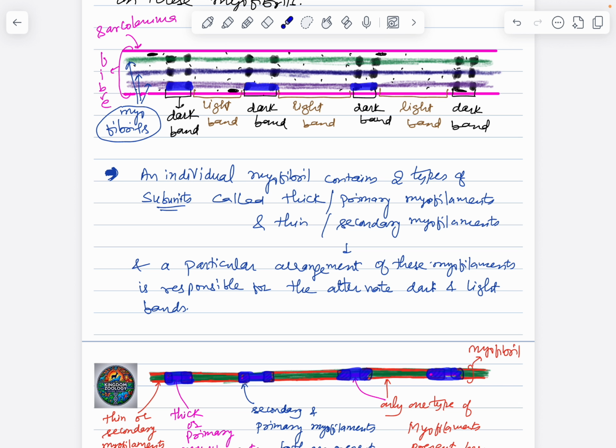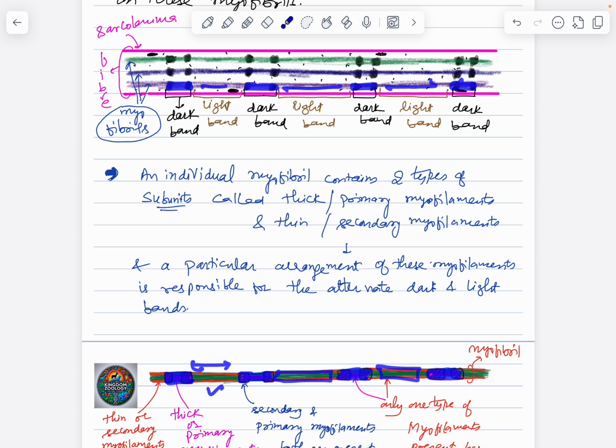So why are they dark? Because we have both types of proteins overlapping each other in most of the areas in these bands. But here only thin myofilaments, light band. Here only thin myofilaments, light band.